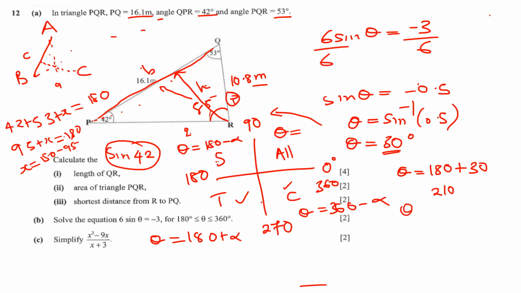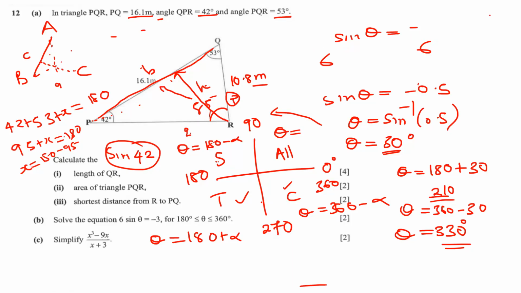Then the other one, theta is equal to 360 minus 30, which should give us 330. So these are the two answers to the question. So theta is equal to 210, theta is equal to 330. I hope you've gotten something.